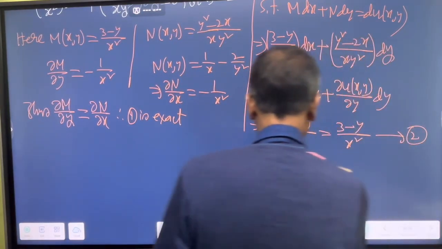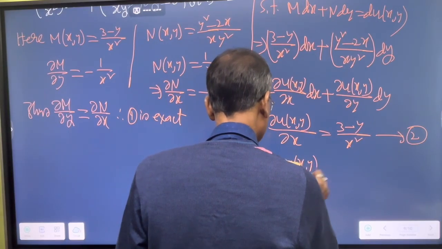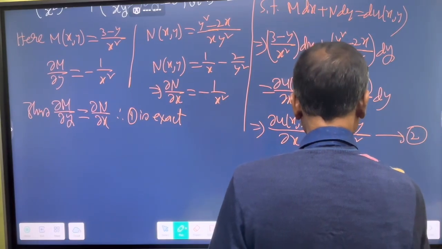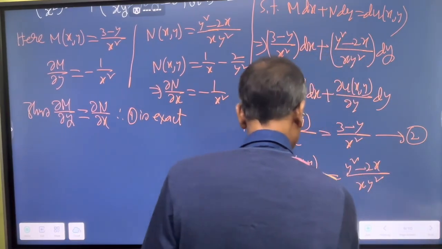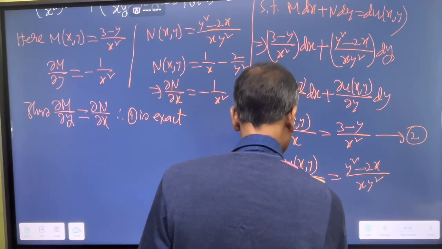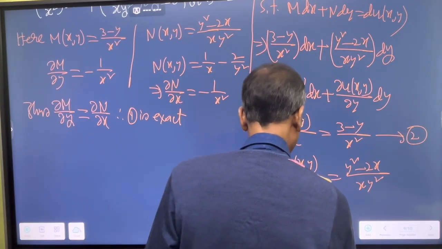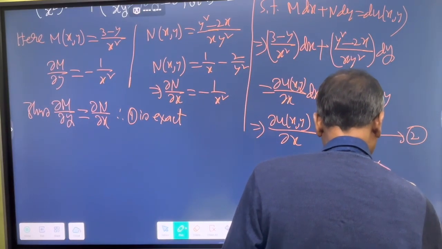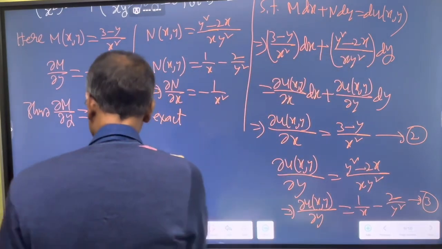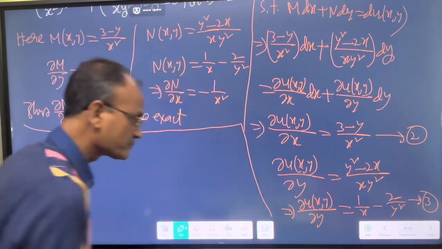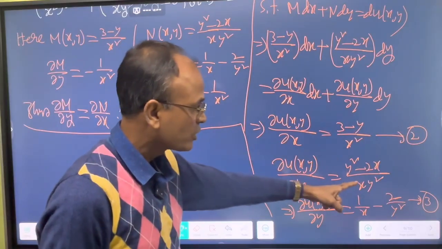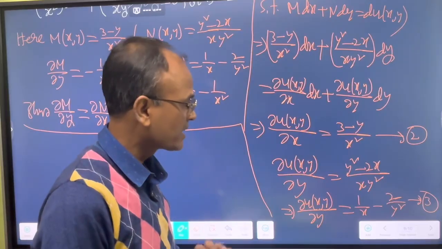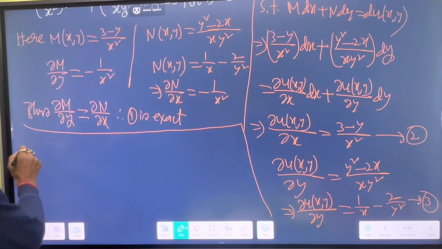This is number 2. ∂u/∂y = (y² - 2x)/(xy²), or you may write ∂u/∂y = 1/x - 2/y². Suppose this is number 3. The y² cancels, 1/x - x cancels, 2 divided by y². From 2.